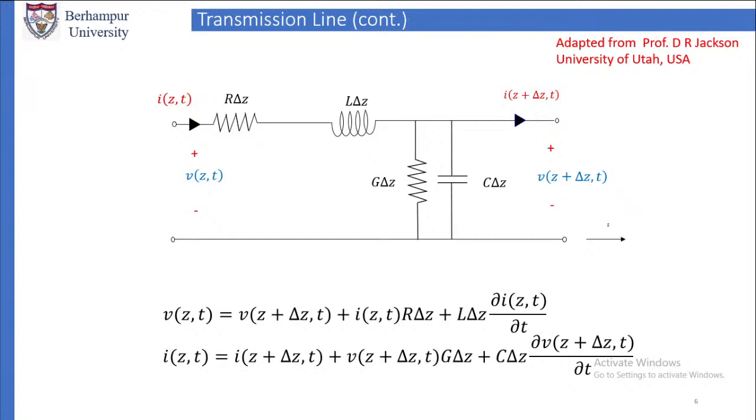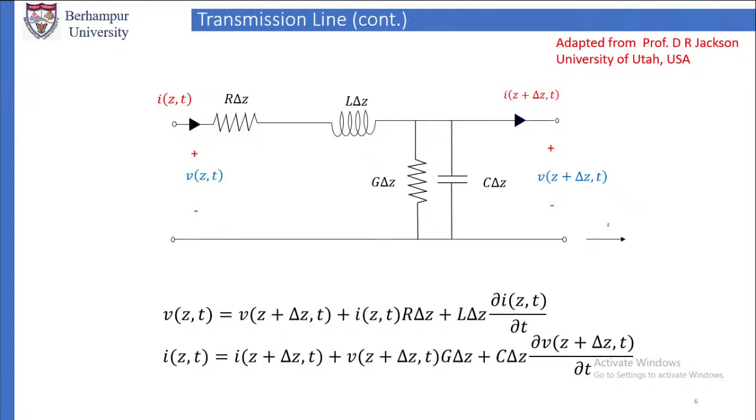Current through the conductance is the voltage across the conductance into the conductance, so V(Z plus delta Z, T) into G delta Z. Then the current through the capacitance is the time derivative of the voltage across the capacitance, dou V(Z plus delta Z, T) by dou T, into the capacitance value, that is C delta Z. So I(Z,T) will be the bottom line.